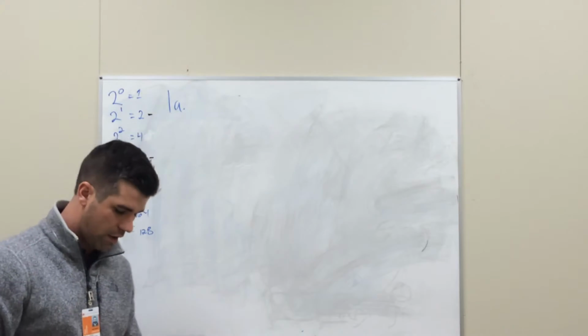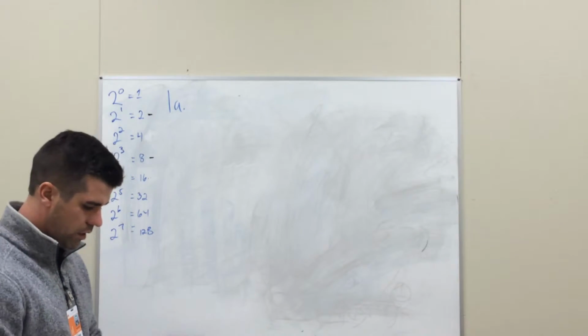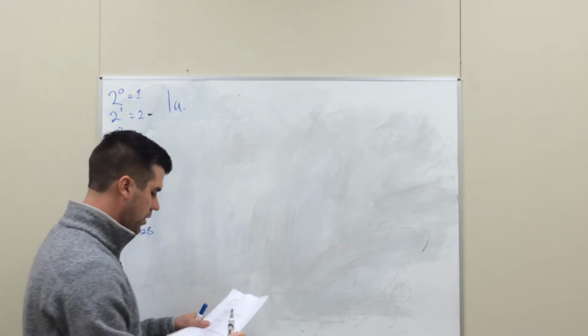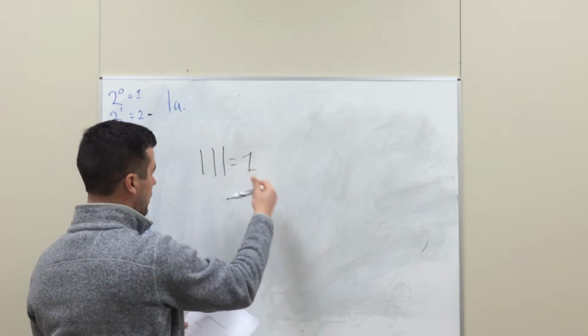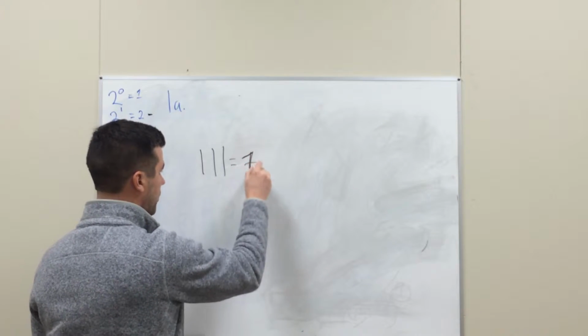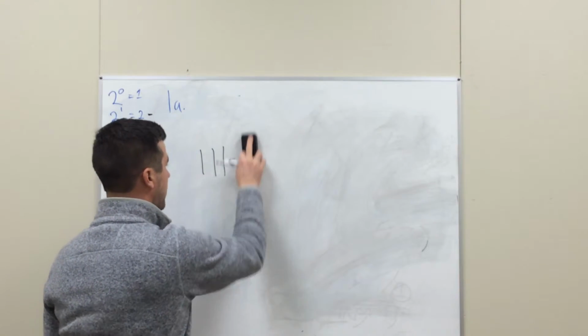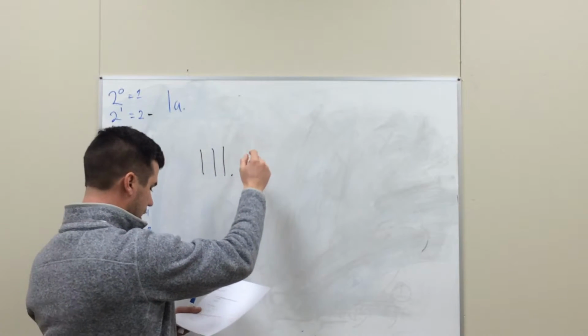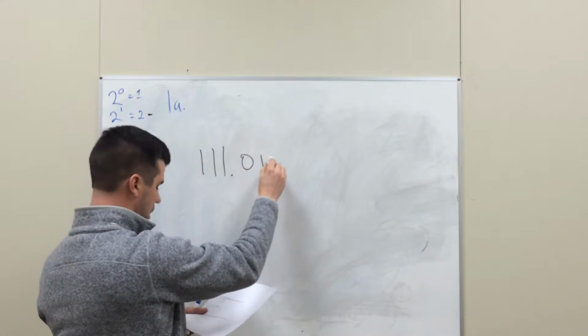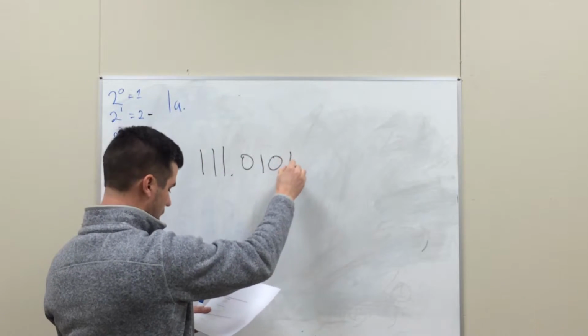All right, so the next problem the focus was on the other side of the decimal place, and so that's all I'm going to go through. This number is pretty obviously equal to 7. 3 bits. So there's a decimal place here. We went 0, 1, 0, 1.